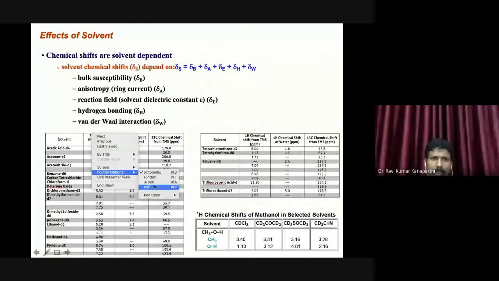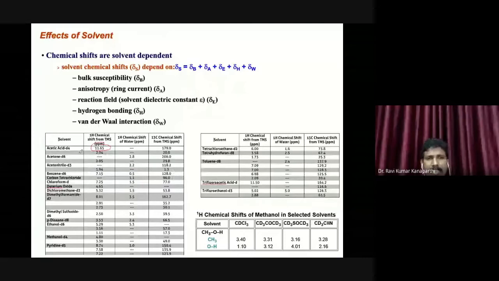Likewise, if you use acetone D6 as a solvent, its residual proton is seen as a very intense peak at 2.04 ppm. Acetonitrile has a methyl proton, which will be seen somewhere around 1.9.